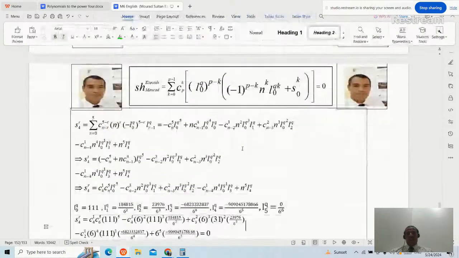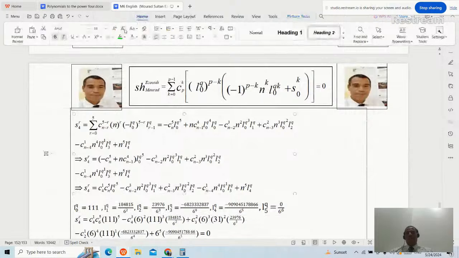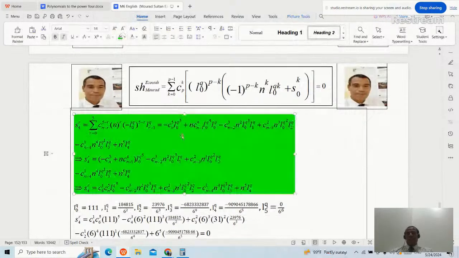Let's set R equal 4, which means that I will obtain the formula, or the discriminant formula of Mourad Sultan Ezouidi.